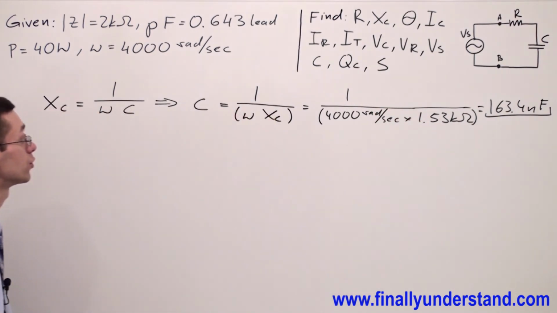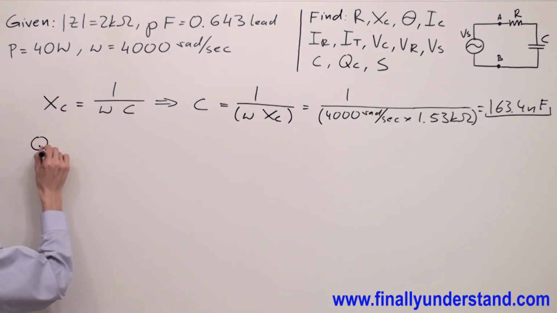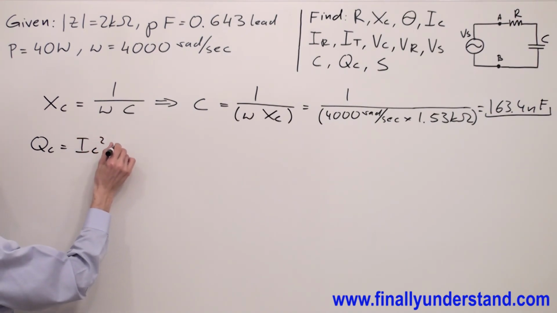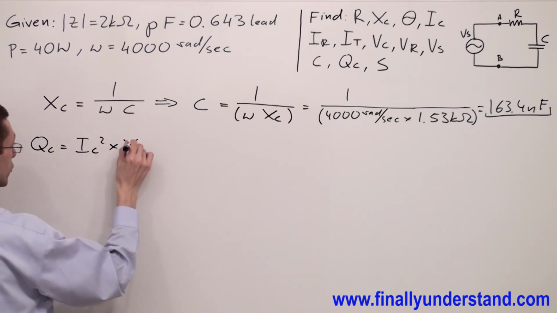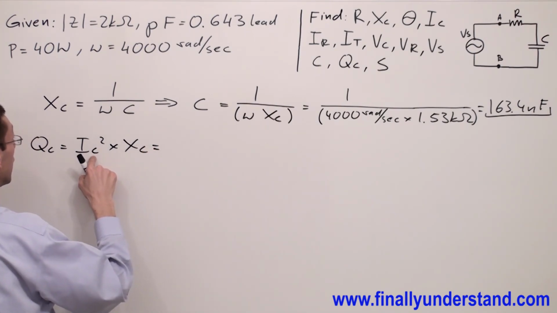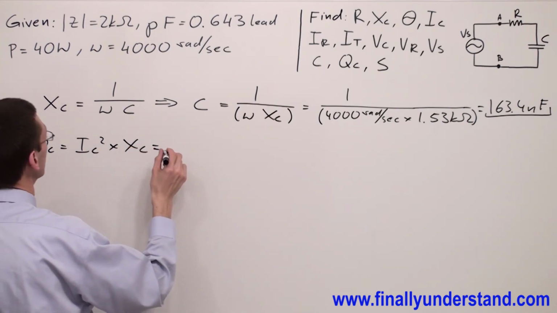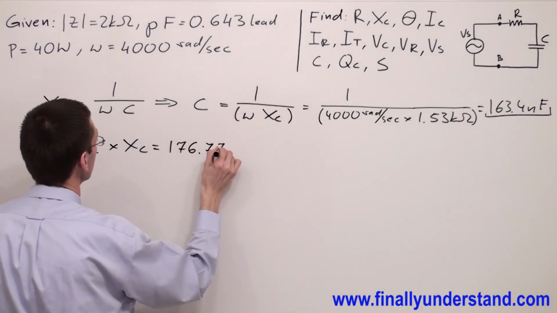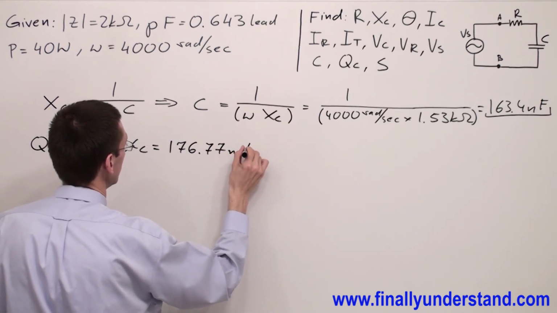Next, we're supposed to find the reactive power. QC is equal to IC squared times XC, where IC is equal to 176.77 milliamps.